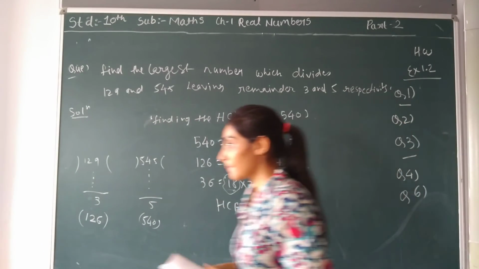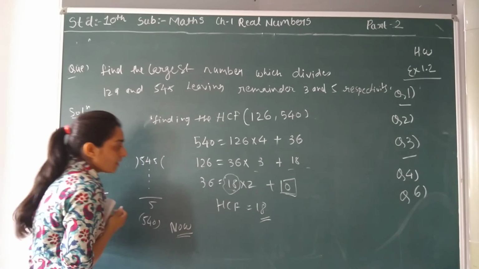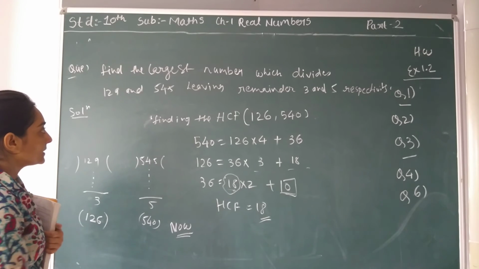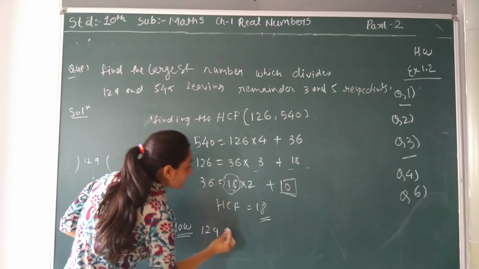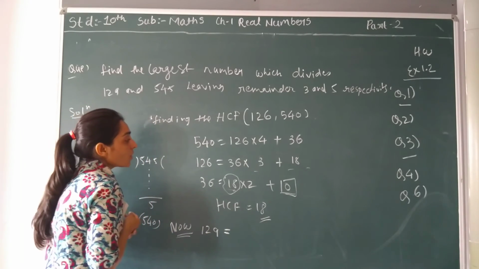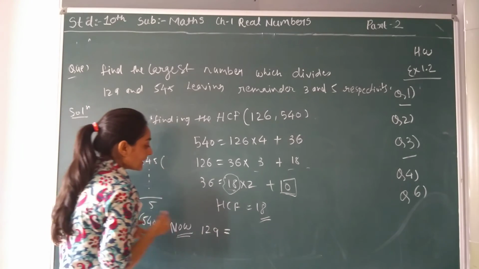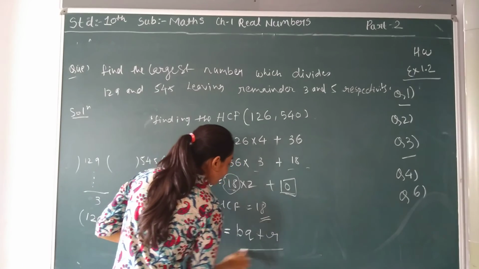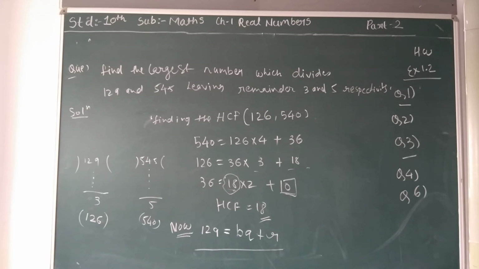Now let's check. If I want to check that these will divide, I am taking 129. We know the division formula: dividend equals divisor into quotient plus remainder.